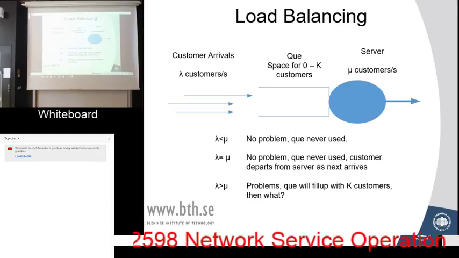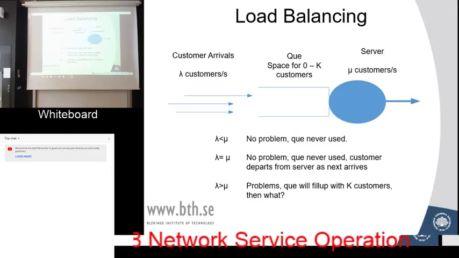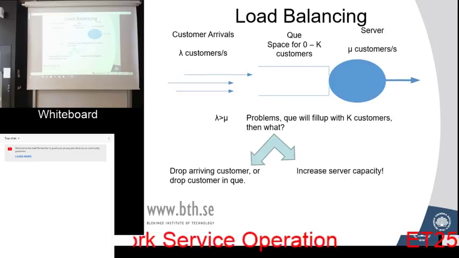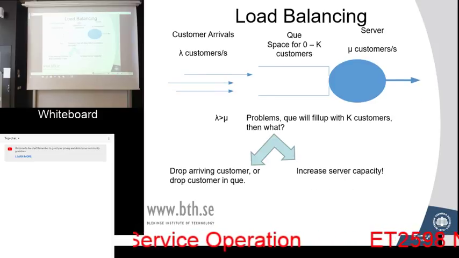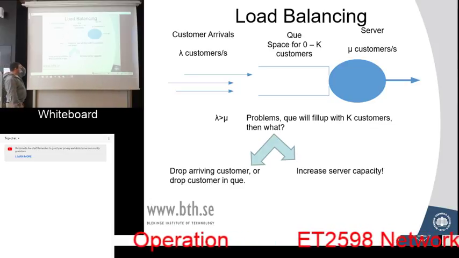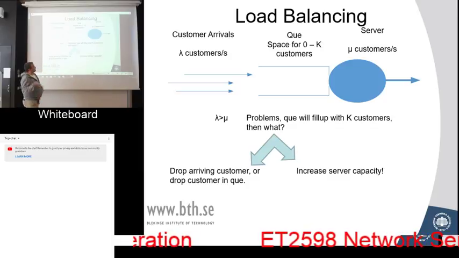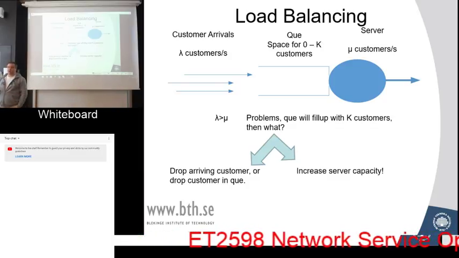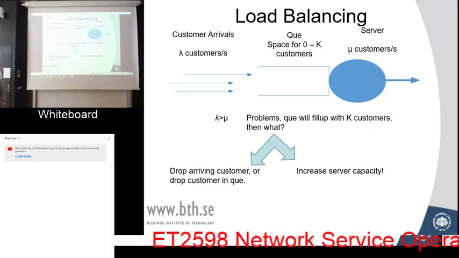So how do we do that? What can we do with this? So in this case, we're overloaded. When we're having arrival rates exceeding the service rate, we are overloaded.